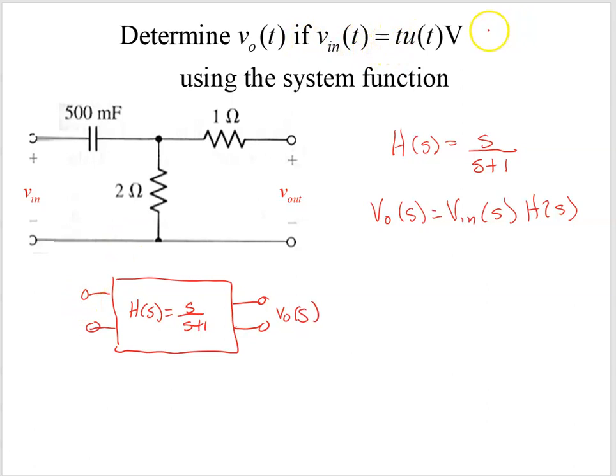Our V in of S, the Laplace transform of V in of T, is equal to 1 over S squared, right? It's our t u of t, so that's 1 over S squared.